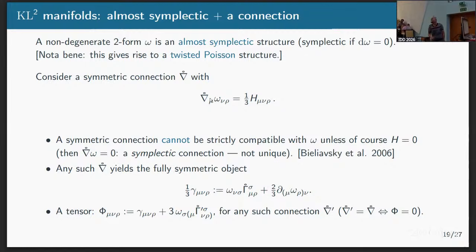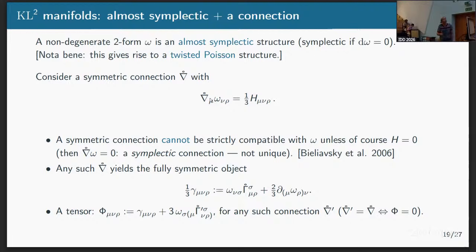5 months. Okay, so as I said, our structure is almost symplectic, and it has this function which is symmetric. What it gives you, actually, it defines you a connection.